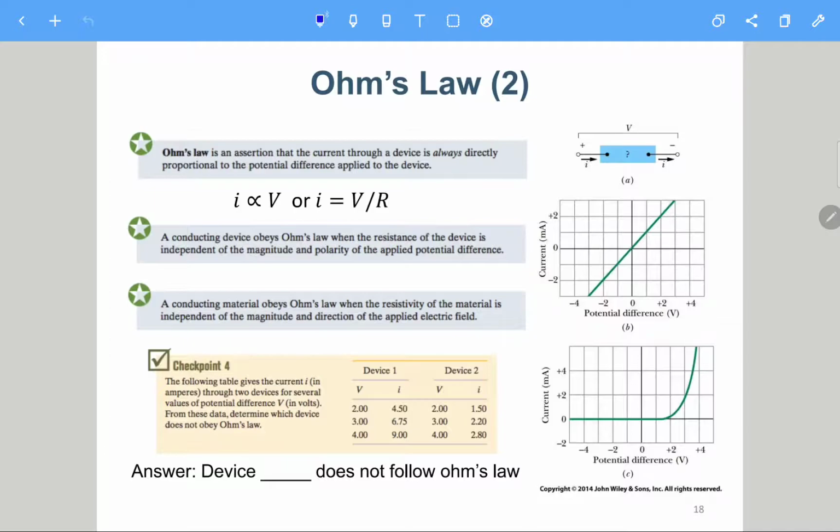So Ohm's law is an assertion that the current through the device is always directly proportional to the potential difference applied to the device. So I is proportional to V, or I equals V over R. It is very simple.